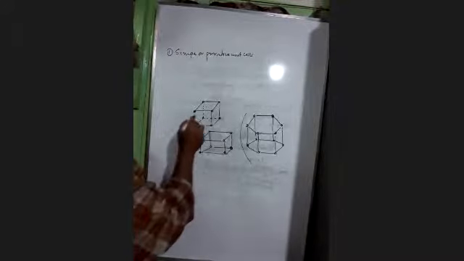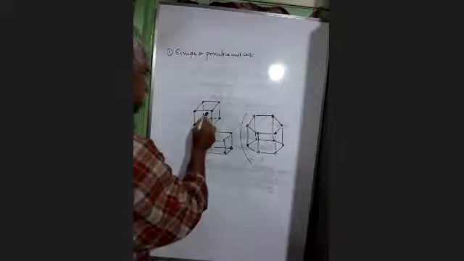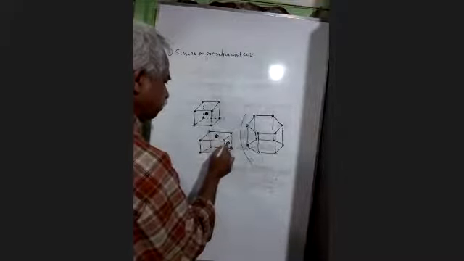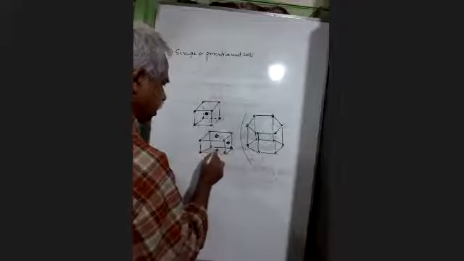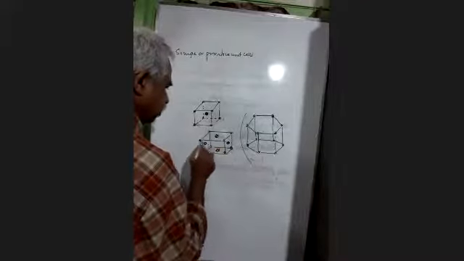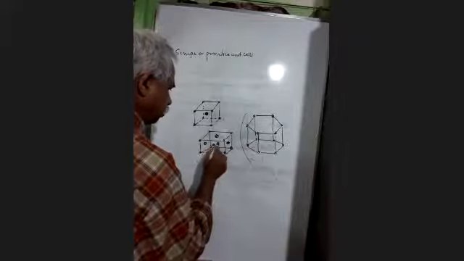After the formation of crystal, you may find one particle is inside the crystal, just in the center of the crystal. Some cases you may find that in every face, okay, see top, bottom, right hand side, left hand side, front, back, this type of particles also may be there.